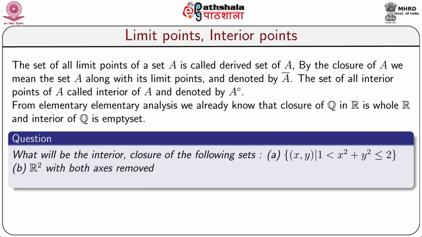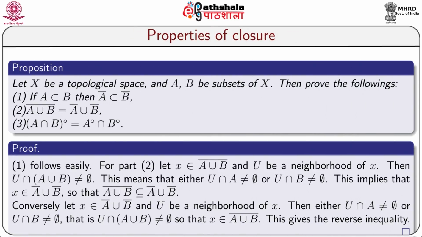Now, another question: what will be the closure and interior when both axes have been removed from R2? When both axes have been removed from R2, its closure will be the whole of R2 and the interior will be the same. These are some easy properties of closure. Let X be a topological space, and A, B be two subsets of X. Then the following will hold.